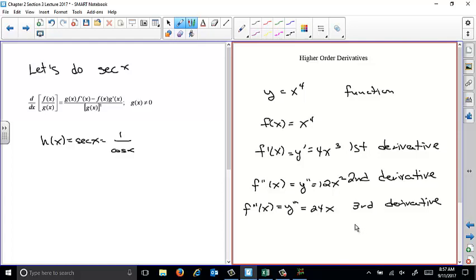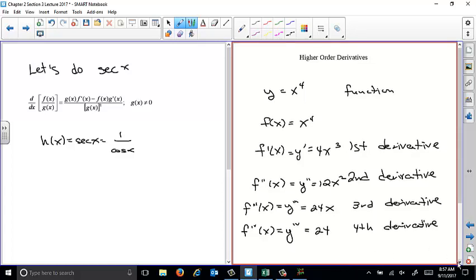And we can take the fourth derivative. And you use little Roman numerals, it's like IV instead of 4 primes. And that's y to the IV, and that is going to be 24.